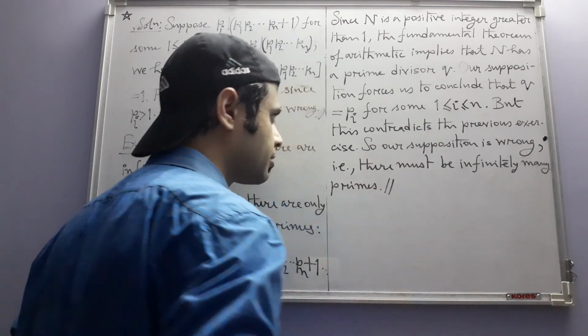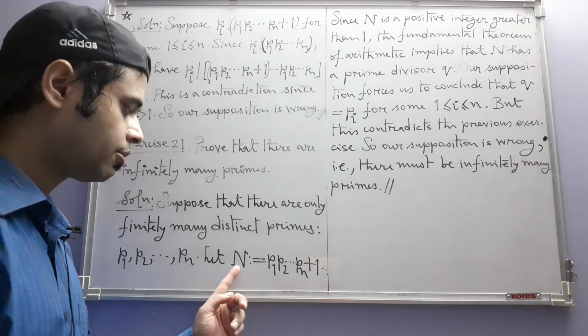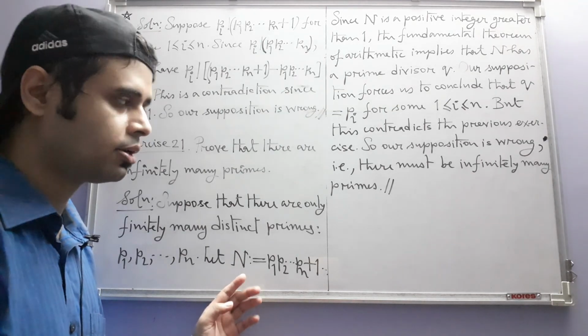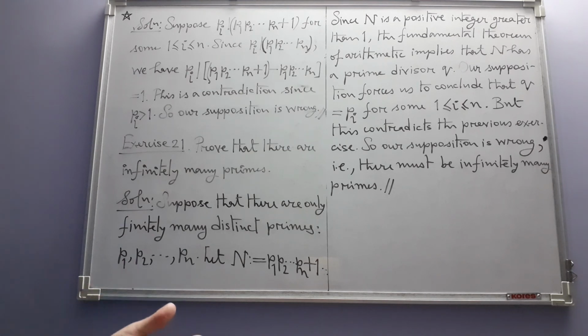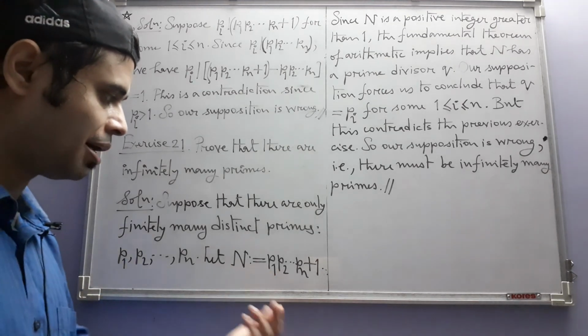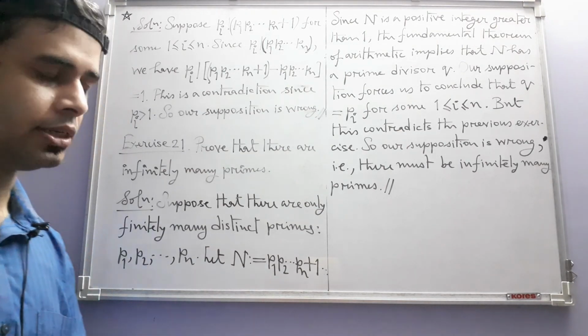This is a remarkable proof by Euclid using the method of contradiction. It shows logically that there must be infinitely many primes. A finite list of primes is not enough to create all the positive integers, because by the fundamental theorem of arithmetic, prime numbers are the building blocks of the positive integers, in the sense that by multiplying them we can create all positive integers.